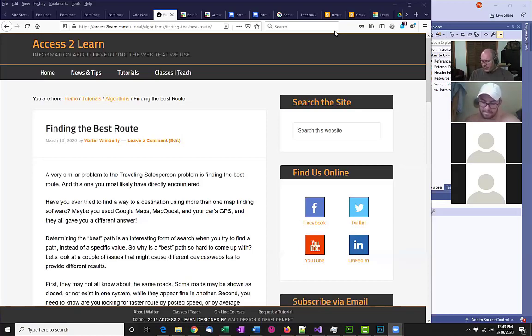Say, how do I get from point A to point B? You might get two or three, or as many different answers as you have devices, because there are certain assumptions they have to make with their data set about how it's going to work. And so finding out what the best path is becomes very, very relative.